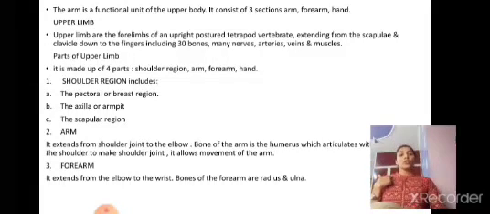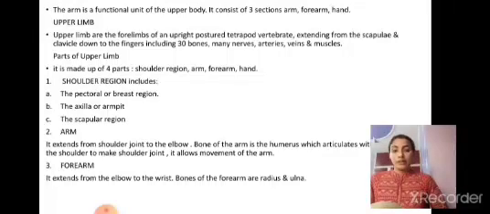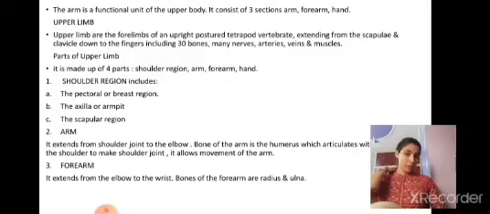Okay, so scapula is present on the back of our body and it is held in its position with the help of muscles, because scapula has no articulation at the back of our body, so it remains in its original position with the help of the muscles. Muscles act as an anchor in our body, keeping the structure in its place.